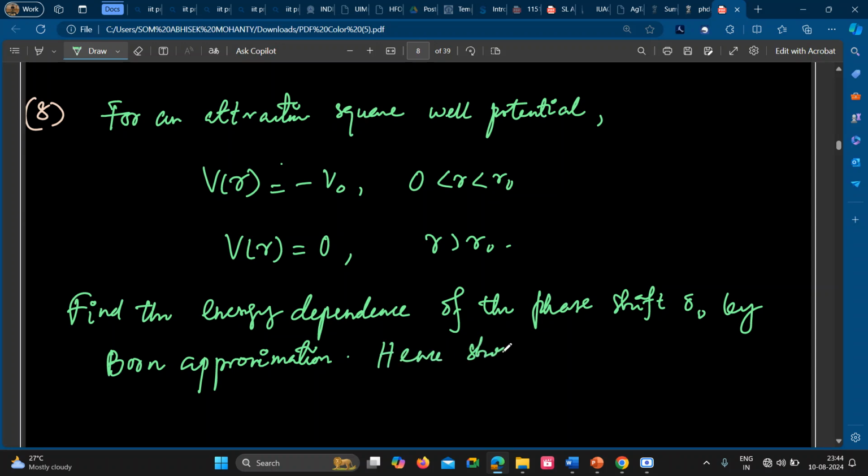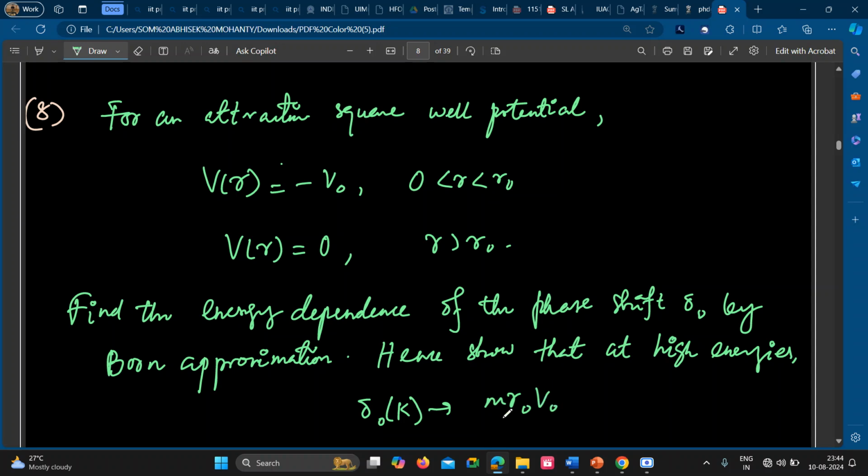Hence, so that at high energies, delta naught k tends to m r naught V naught divided by h cut square k, where k square is 2m E by h cut square.